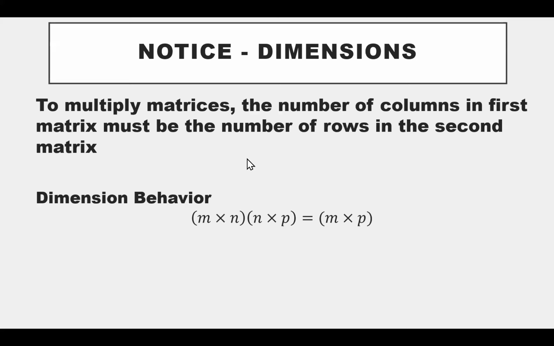Now, that's exactly what happens in general. When we're multiplying matrices, the number of columns in the first matrix must be equal to the number of rows in the second matrix.